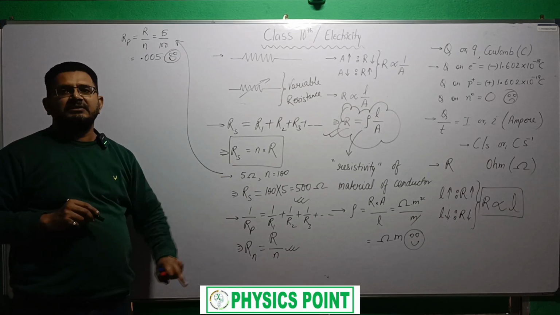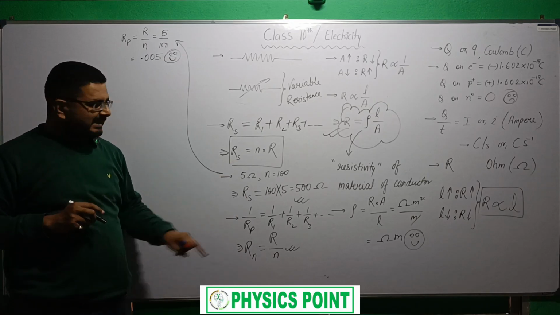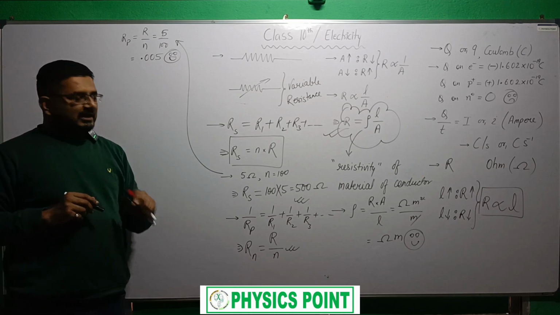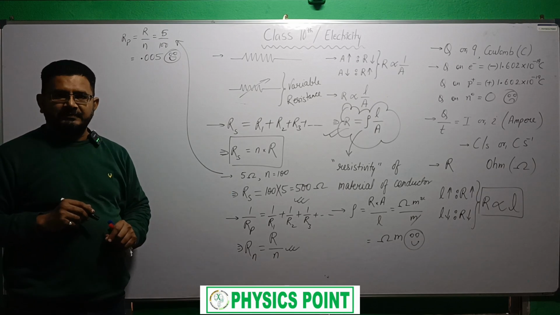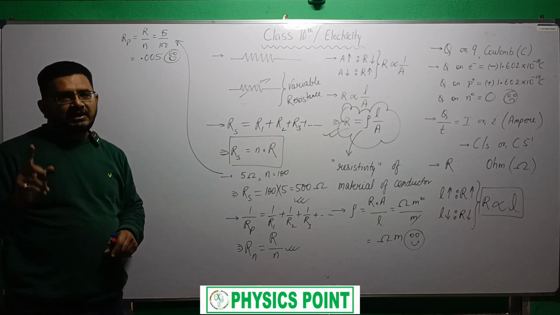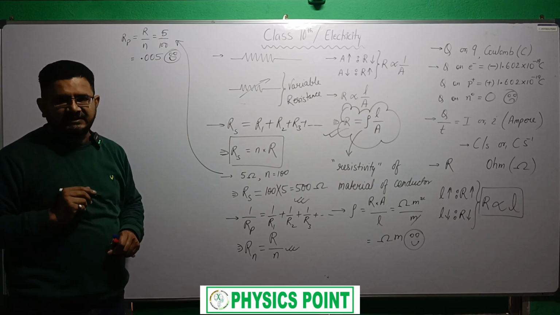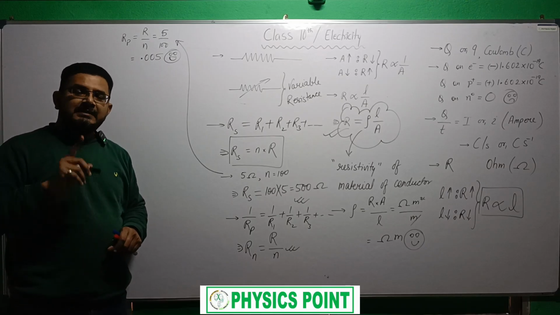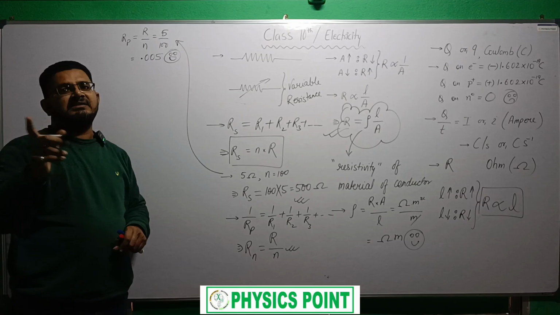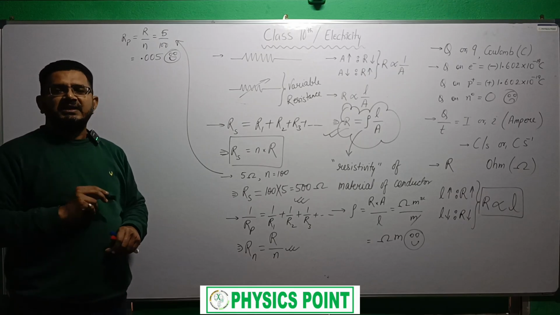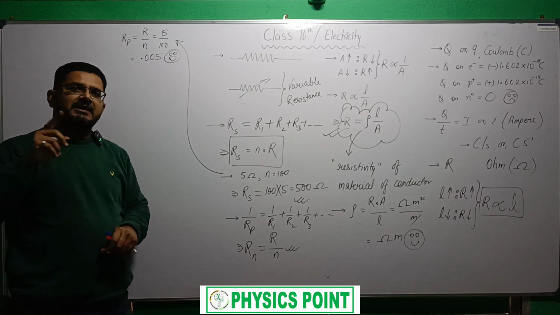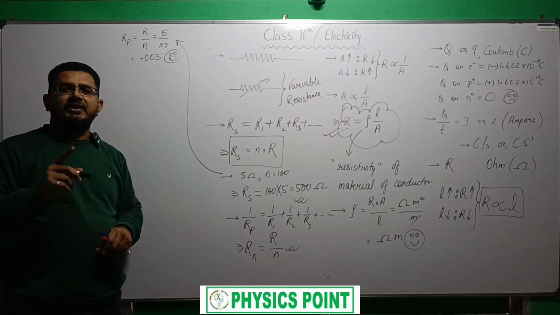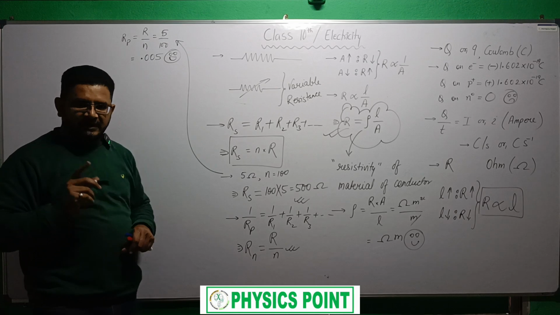All resistances will draw different amounts of current depending upon their values, but the potential difference across all resistances will be the same. It is used in our houses, offices, factories, industries, etc., where all devices operate at 220 volts. So in parallel combination, all resistances have the same potential difference, but as per the capacity of the device, they will draw different amounts of current, right?